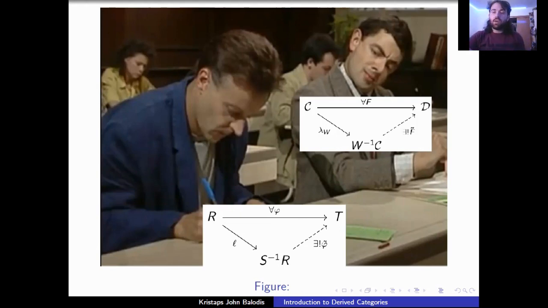So then what you might be thinking, what you might guess, take this as your guiding light for the right definition of a localization of a category. So if you had some sort of, say, collection of morphisms W that you want to localize at, first off, you should have some sort of natural inclusion functor.